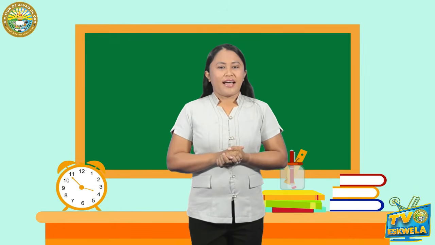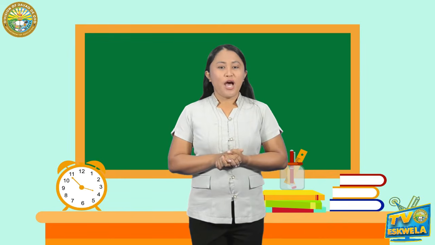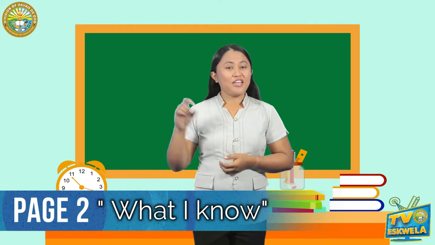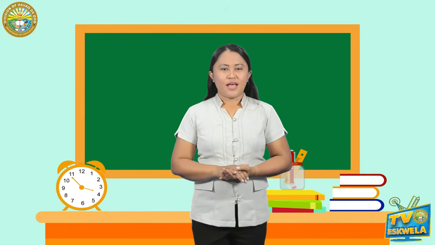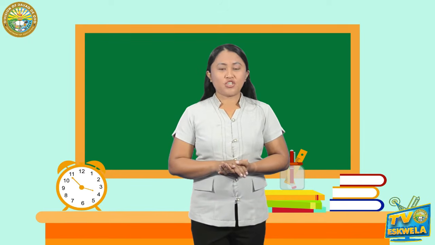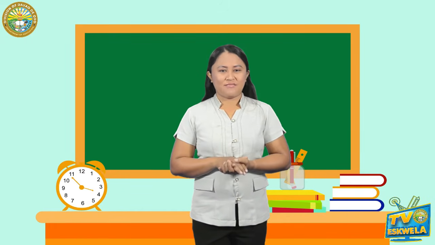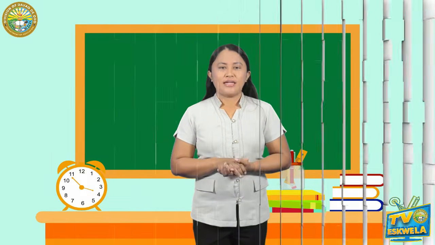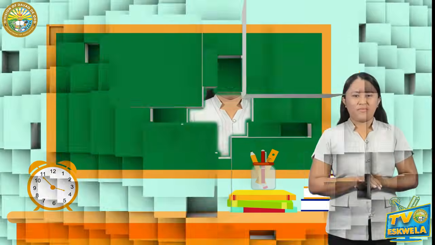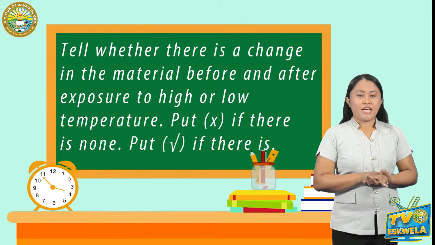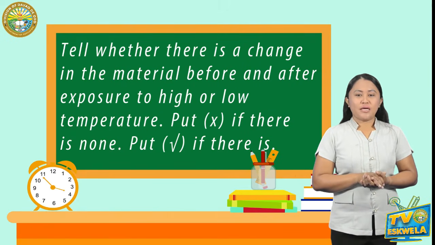Now, kindly open your module on page 2. In What I Know, look at the pictures and observe if there are changes of materials. This is how to check what you already know. Directions: Tell whether there is a change in the material before and after exposure to high or low temperature.